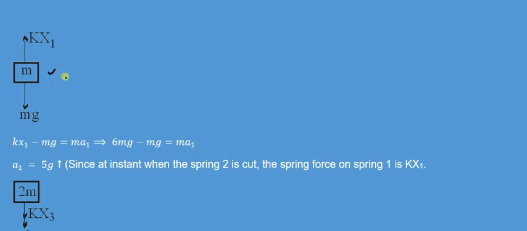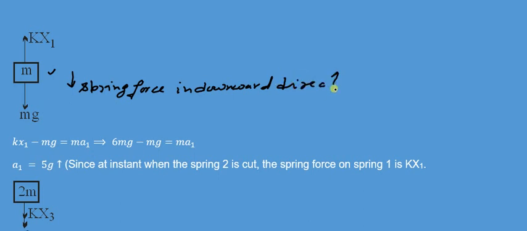Note that in this case, the spring force in downward direction due to spring 2 is 0.